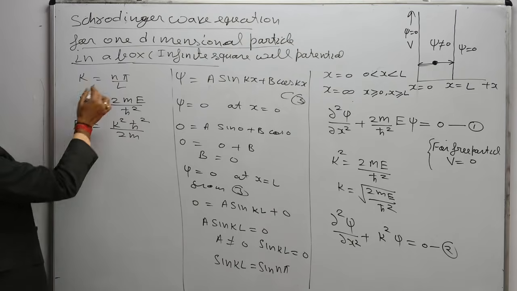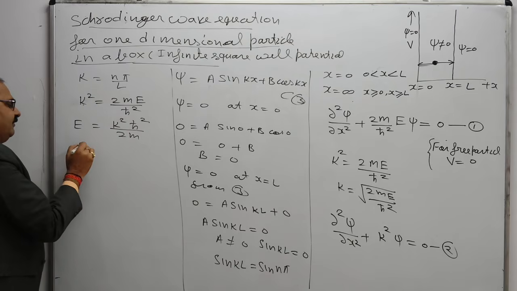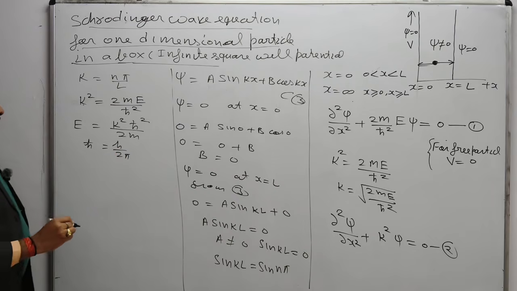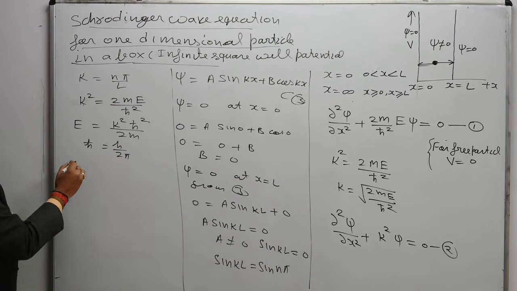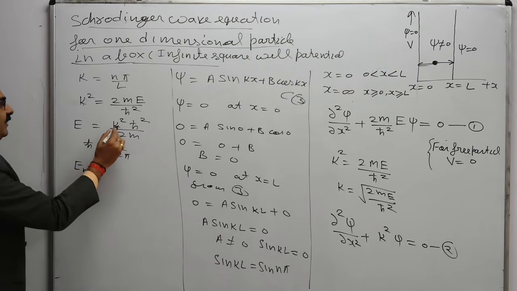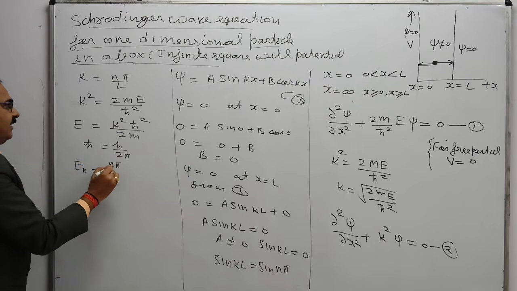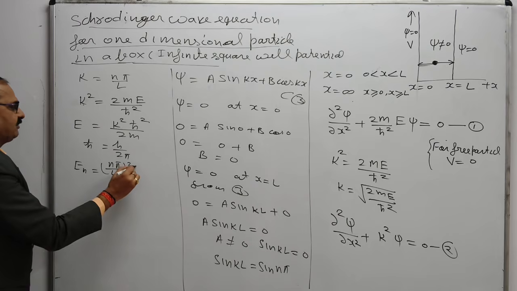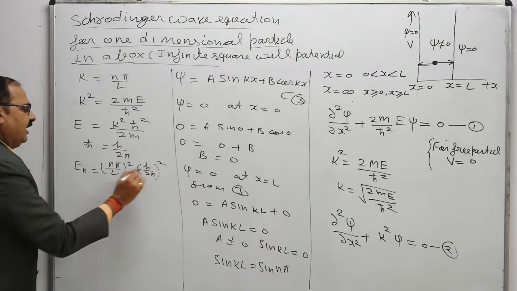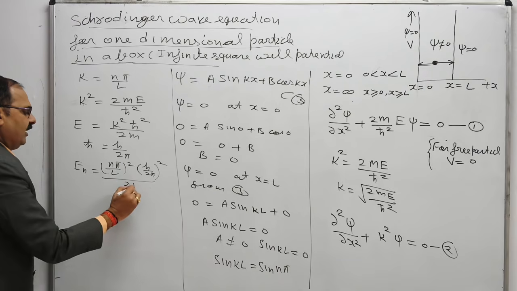Put the value of k, and h bar is equal to h upon 2 pi. Then the energy eigenvalue E n is equal to n pi upon L whole square and h upon 2 pi whole square upon 2m.